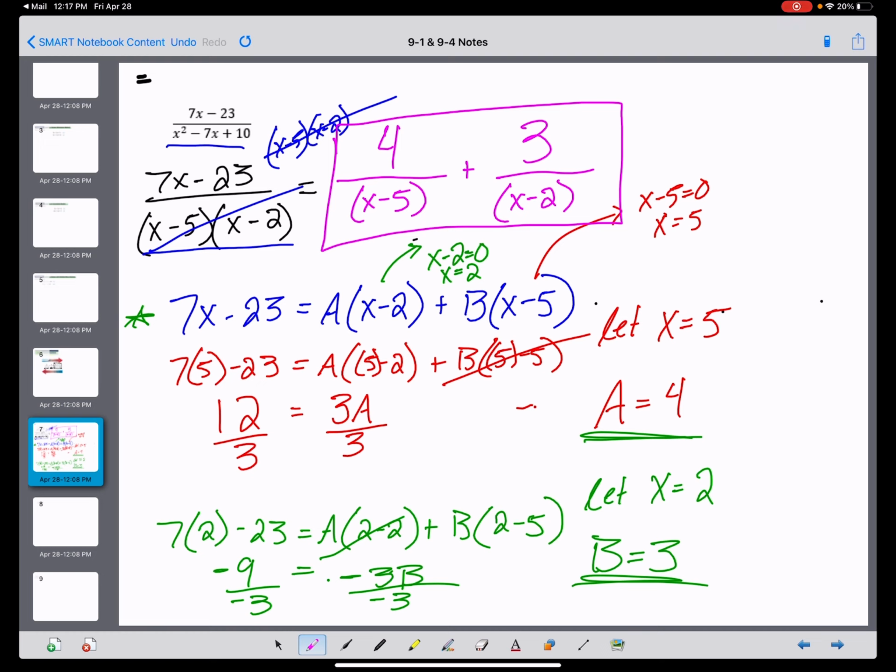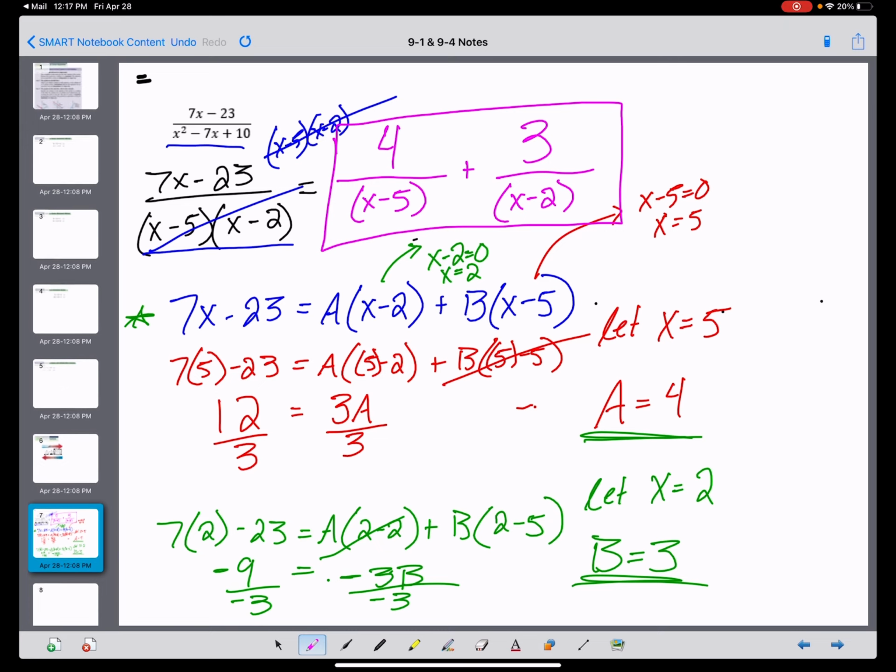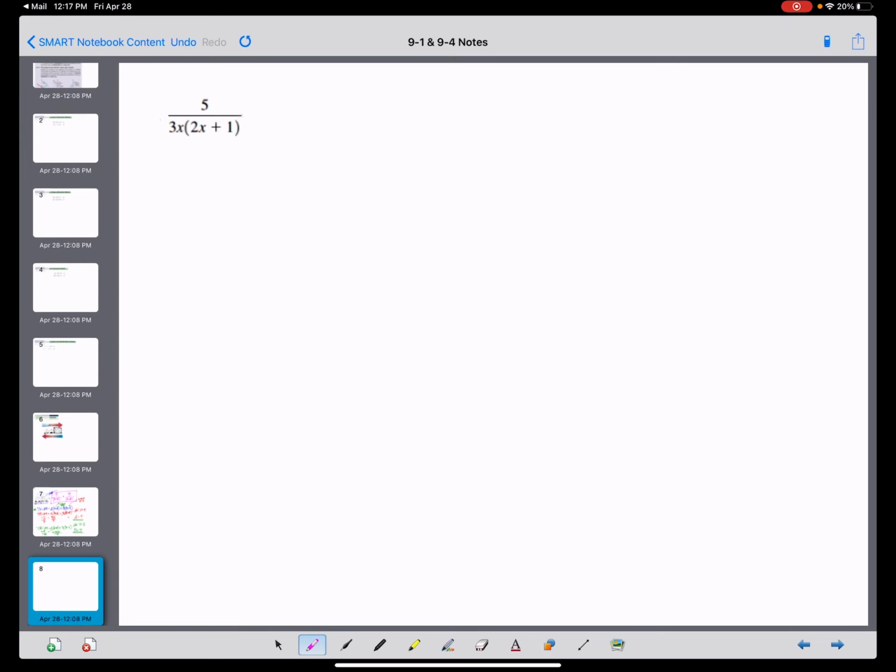All right, let's do another one. Here it's already factored for us. You kind of saw the overall thing just there. That was the whole lesson. Now let's focus on smaller pieces.